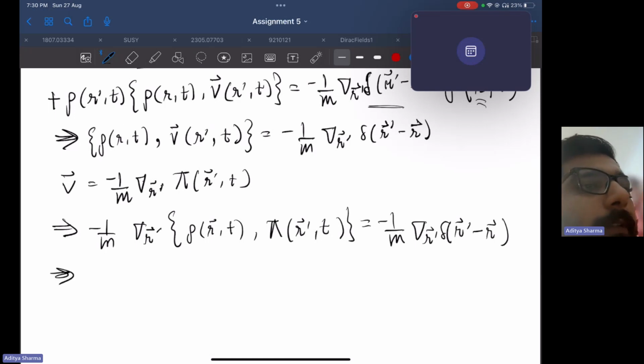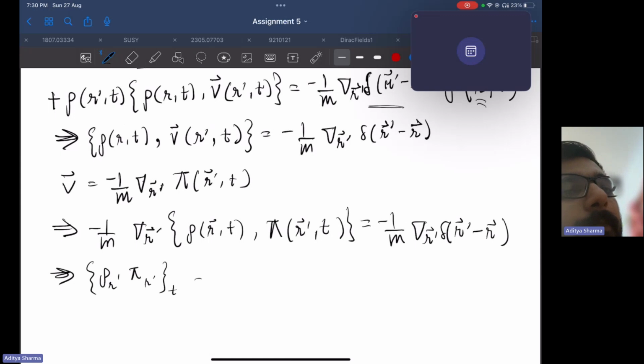So it is just rho comma phi of r at the same time is equal to Dirac delta of r1 minus r2.